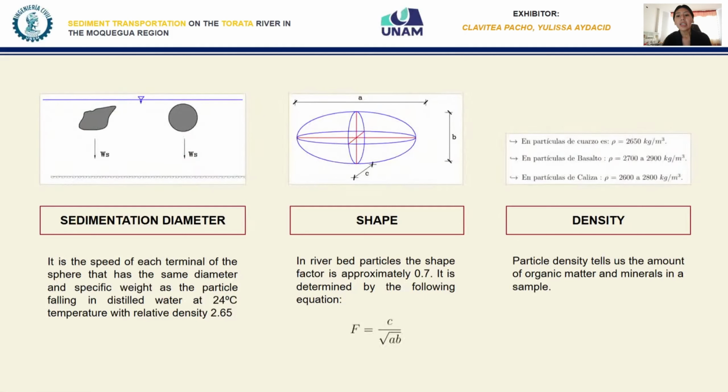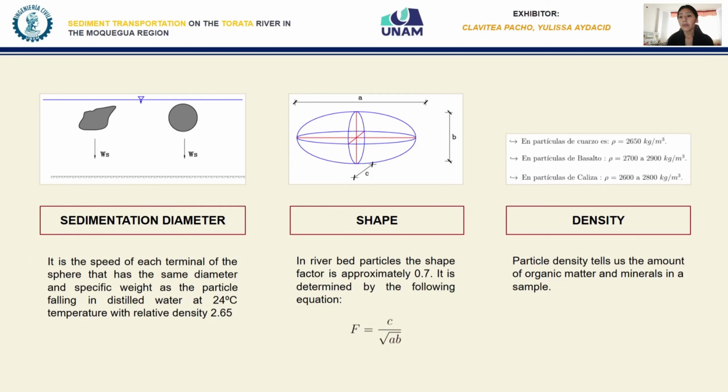Sedimentation diameter. It is the diameter of a sphere that has the same density and settling velocity as the particle falling in distilled water at 24 degrees centigrade temperature with relative density 2.65.